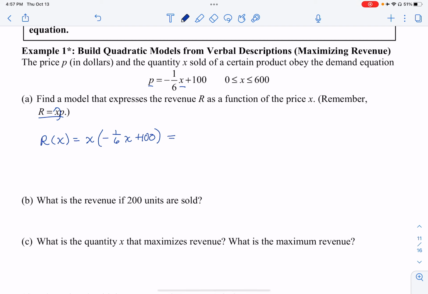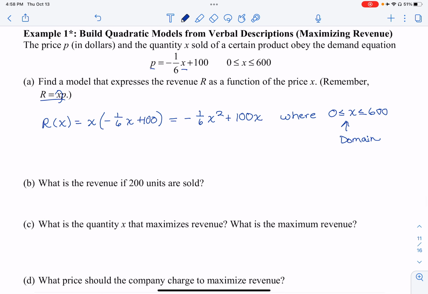If I distribute the X term, I get negative 1/6 X squared plus 100 X, where 0 is less than or equal to X, which is less than or equal to 600. So we carry around that domain restriction. We can't go beyond that. That's the only place that our model is good for, because that's the only place where the demand equation is valid.